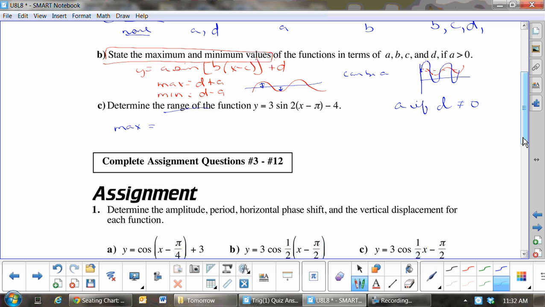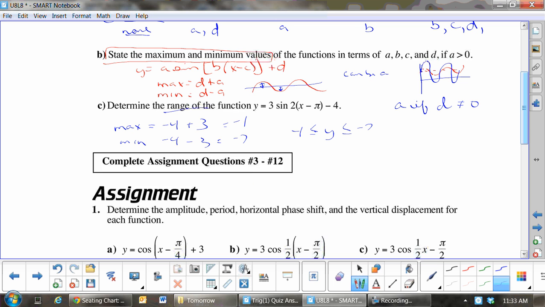What is it in this one, though? Yeah, now I would go -4 plus 3. Look, I know you said the same thing. I'm just thinking D plus A, D minus A, right? So D is -4, so then that's -1. The min is -4 minus 3, which is -7. Okay? So it asks me the range, y is greater or equal to -1, less or equal to -7.